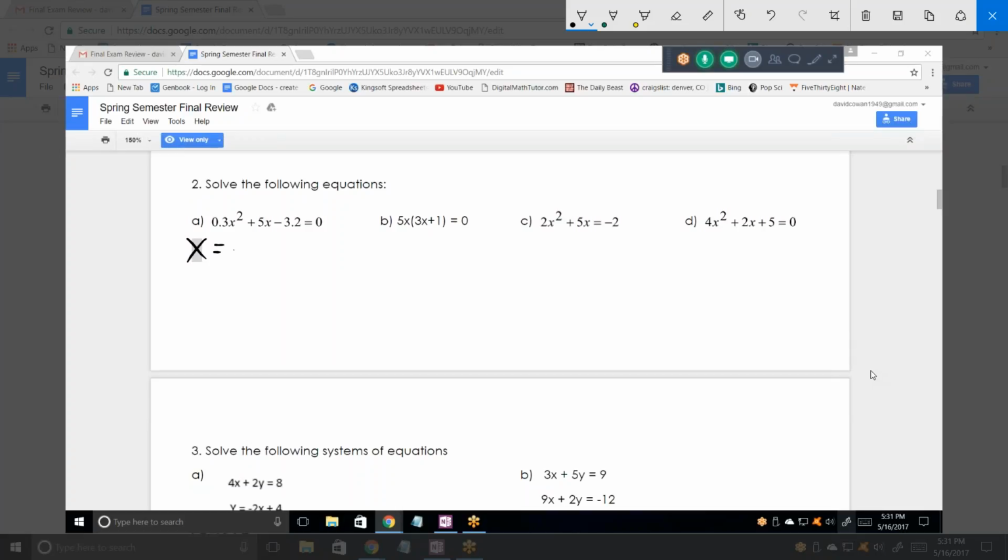Negative 5 plus or minus the square root of 25 minus 4 times 0.3 times negative 3.2. You see why I'm wondering why this is so hard? Why did they make it with all these strange numbers?